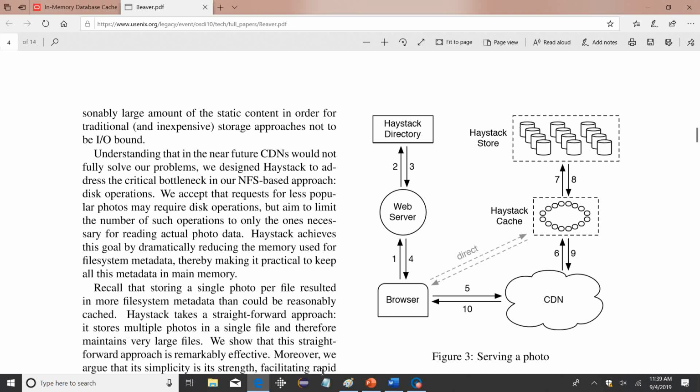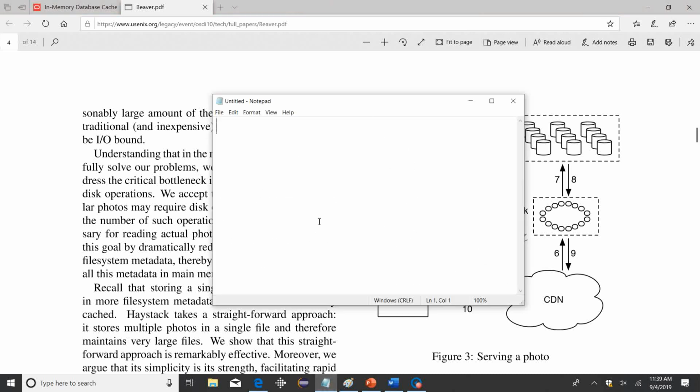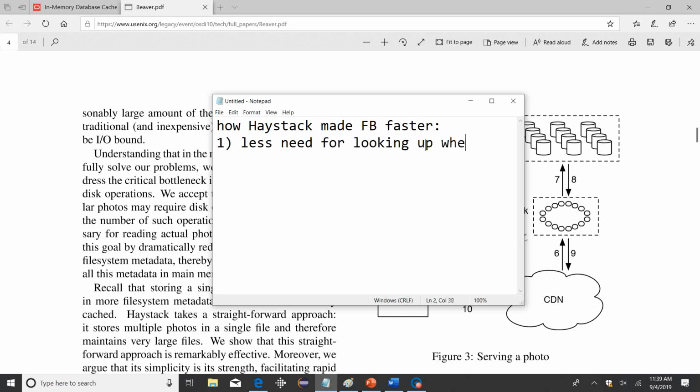So, key takeaways. How Haystack made Facebook faster. Number one, less need for looking up where photos are, and related to that, metadata like viewing permissions.